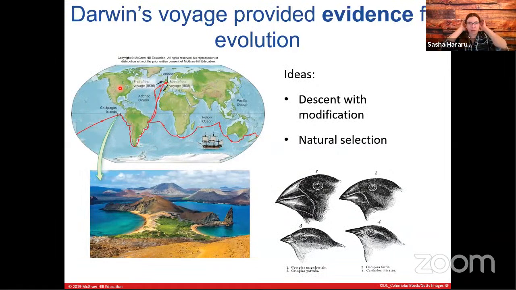So if we're talking about evolution, of course, I cannot not talk about Charles Darwin, who was a Cambridge-educated British naturalist, famous for publishing the book On the Origin of Species. As a naturalist, he led a pretty good life. When I read about his biography, it was pretty sweet.